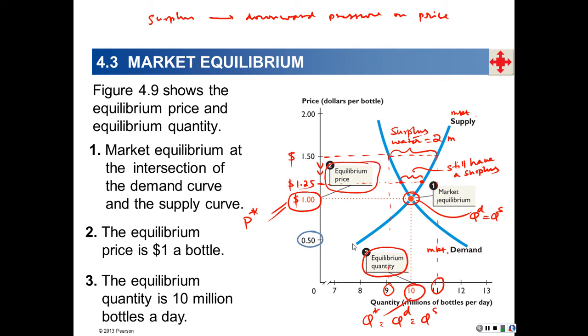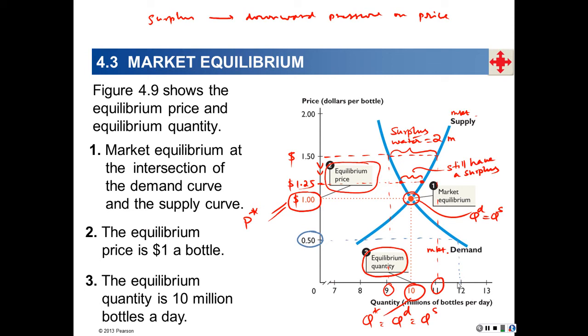The market demand curve, right? So you would go sideways from here like this till you strike the market demand curve, and then down like that, about 12 million bottles a day. That's the quantity demanded, read off the demand curve.